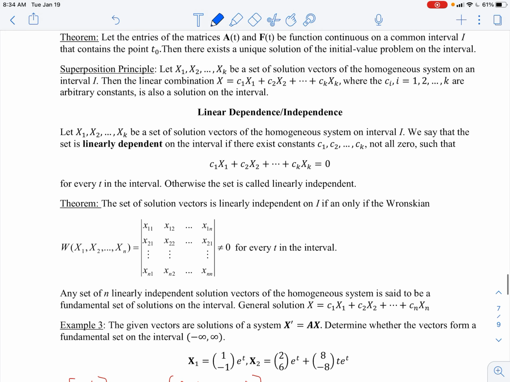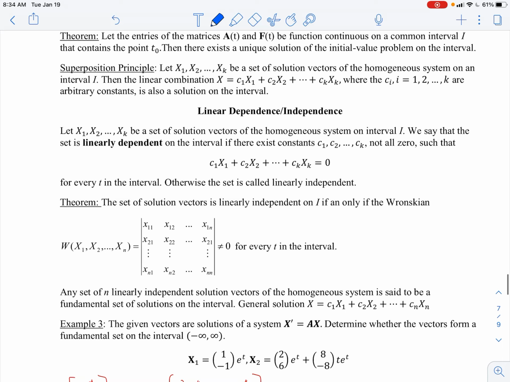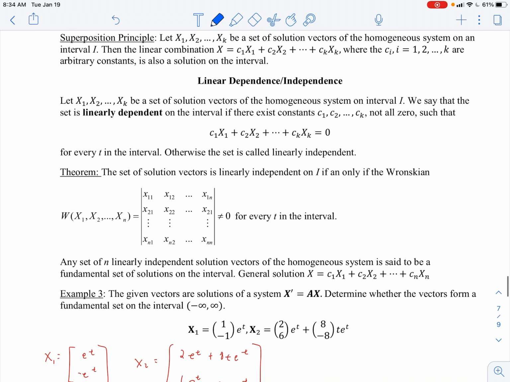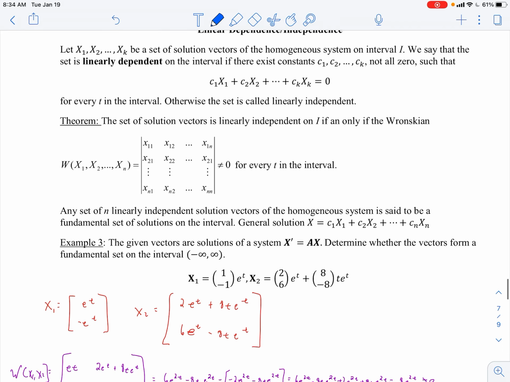So we're going to check to see if a solution is linearly independent or not, and we can use the Wronskian. The set of solution vectors is linearly independent on I if and only if the Wronskian does not equal 0 for every t in the interval. So we're going back to the Wronskian to see if something is linearly independent or dependent, just like we did in past chapters.